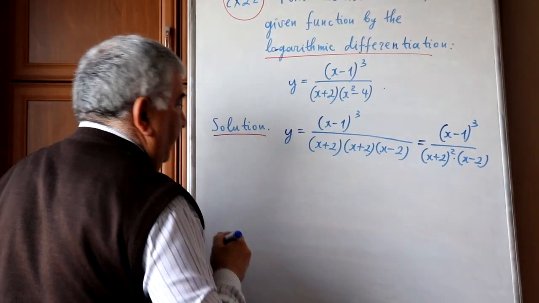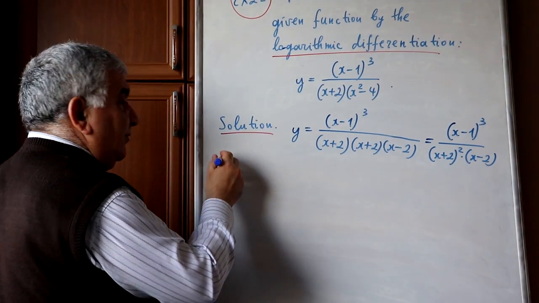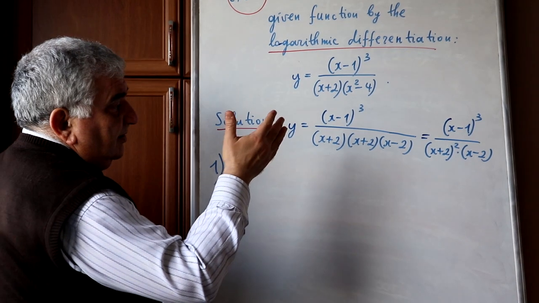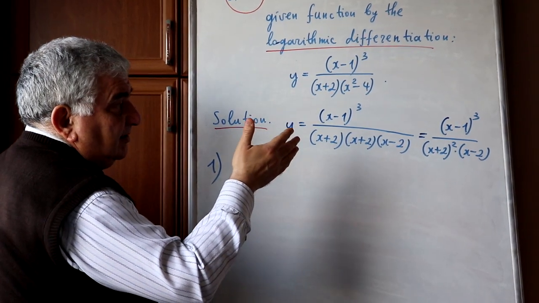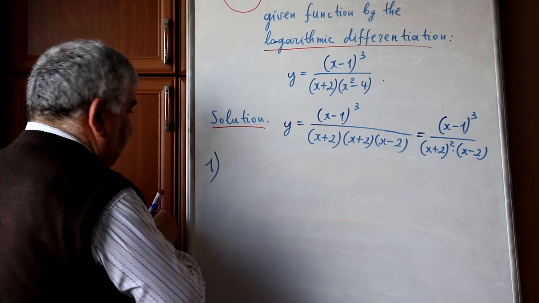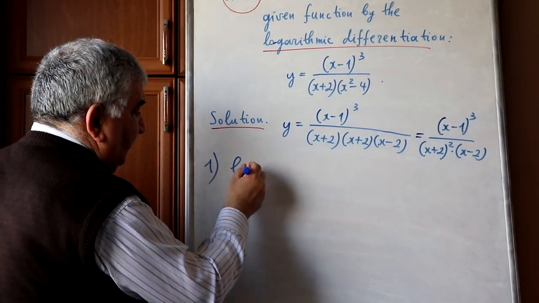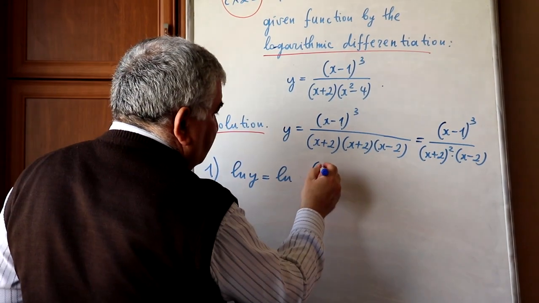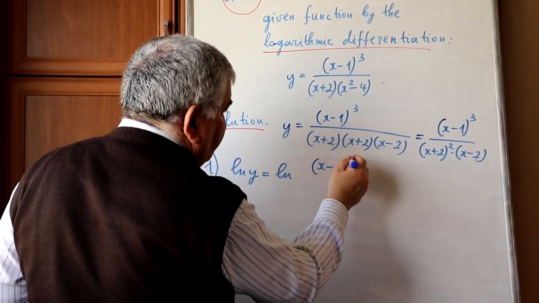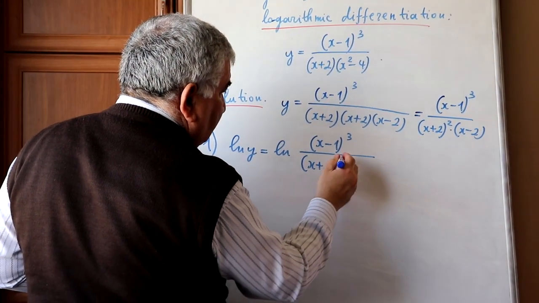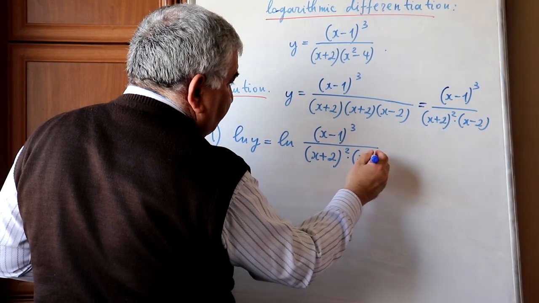Then go to the first step of the logarithmic differentiation. For this we must find the natural logarithm of both parts of the given expression. Natural logarithm of y equals natural logarithm of x minus 1 cubed over x plus 2 squared multiplied by x minus 2.